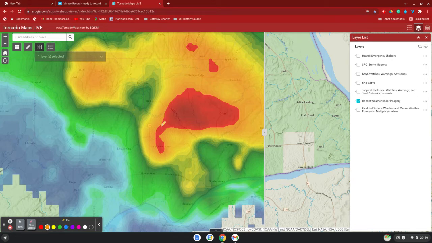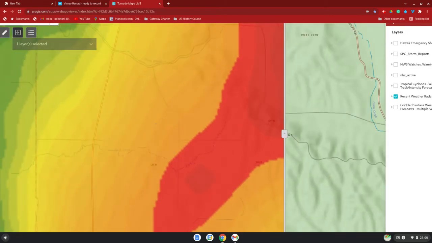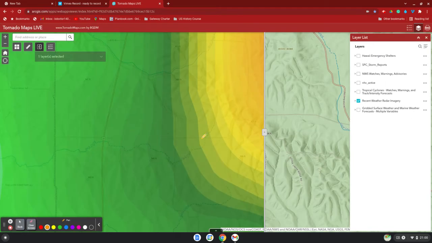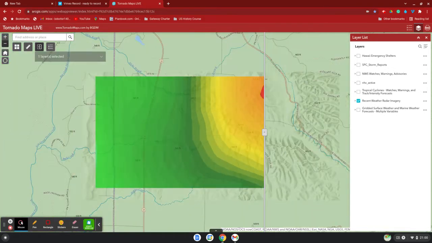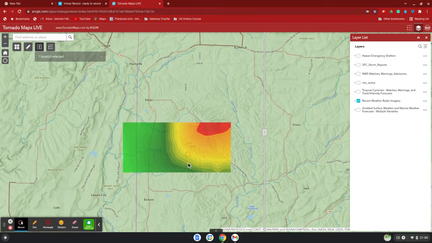But the classic signature of this supercell, and I'm going to go a little bit further in. Oh, that's too far. And it's moved. Oh, jeez.